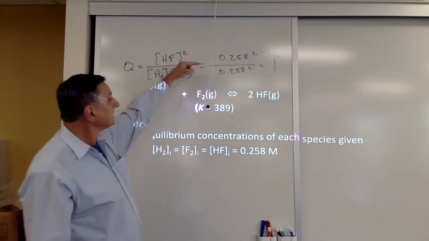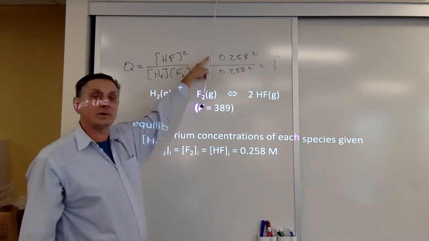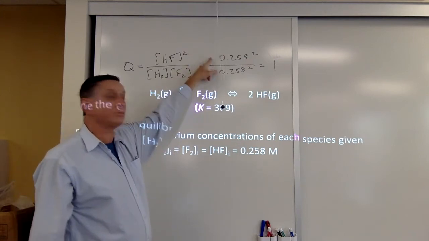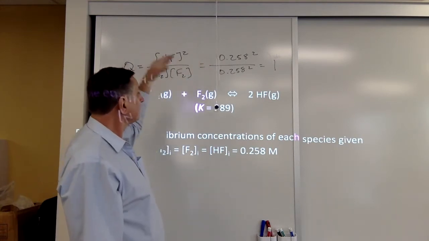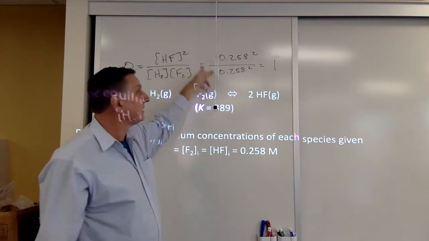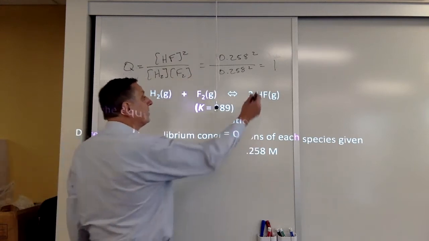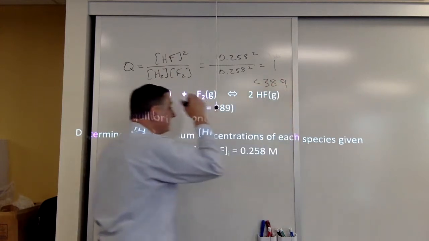It means that the denominator is too big and the numerator is too small. 1 is less than 389, which is our value of K.